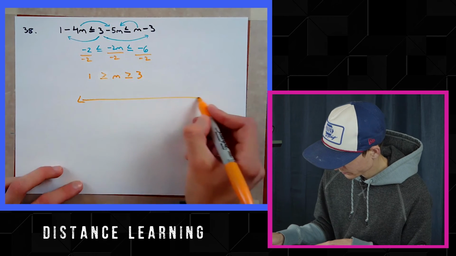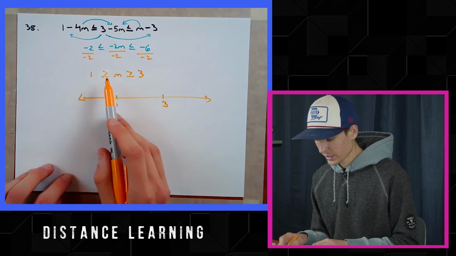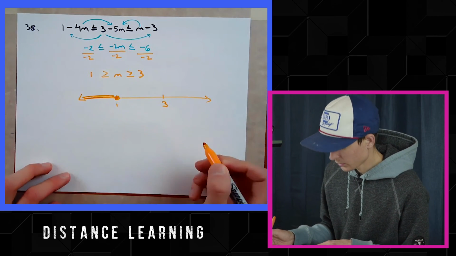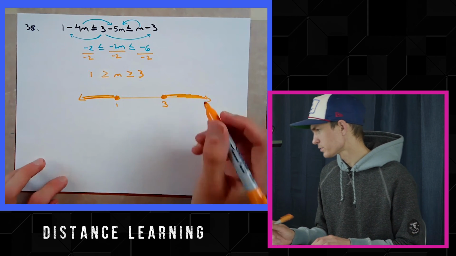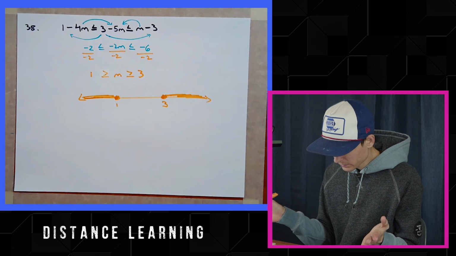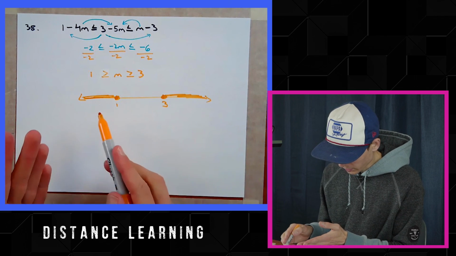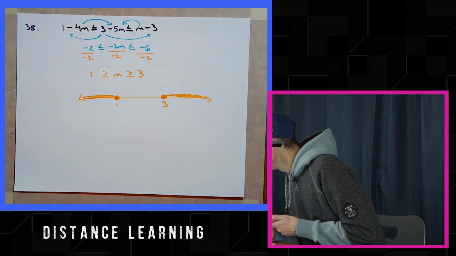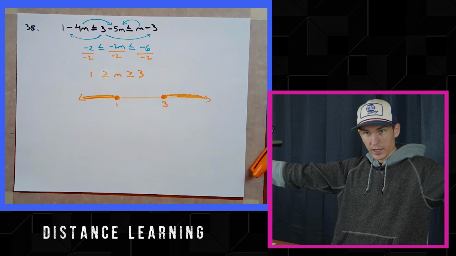So, we're going to have 1 and 3, less than or equal to 1, greater than or equal to 3. And there we have it. Obviously, you can't have one that is both less than that and greater than that. You can have one or the other, right? So, that's the lesson. Catch y'all after spring break.